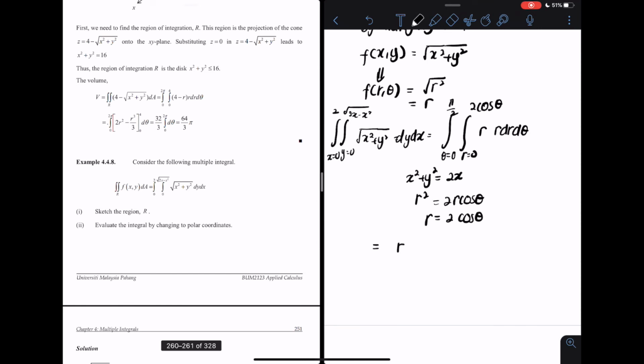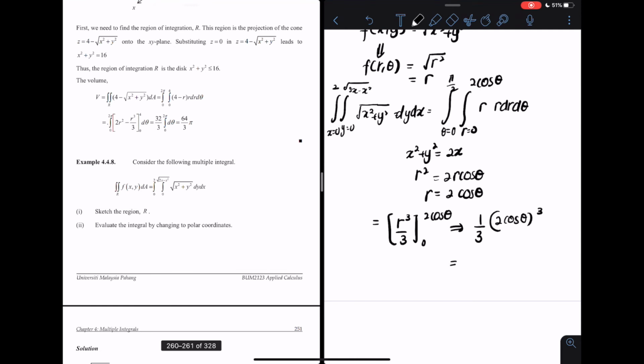Then you will get r cubed over 3, you evaluate from 0 until 2 cosine theta, you will get 1 over 3 times 2 cosine theta cubed, which is 8 over 3 cosine cubed theta.